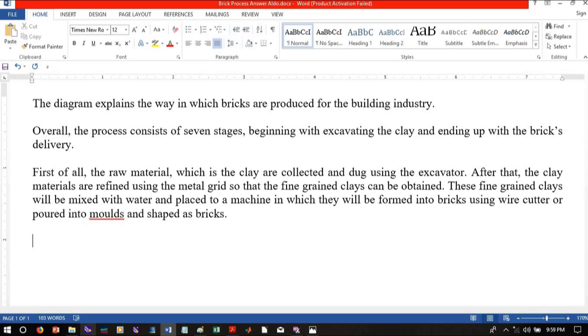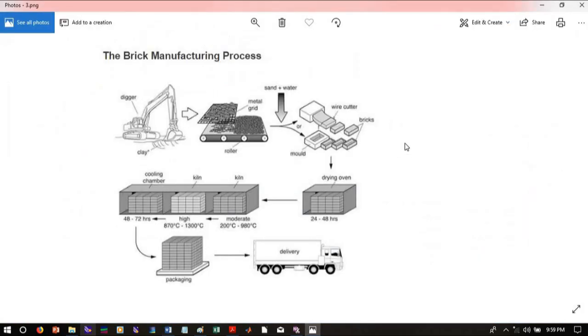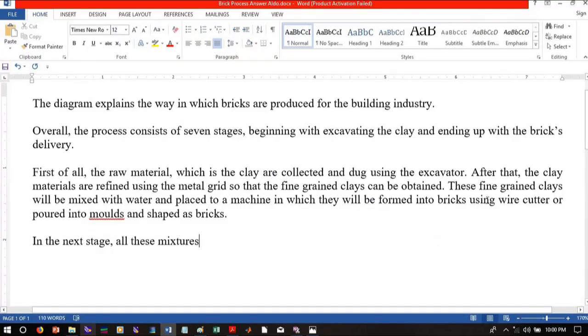And then I said, because this is the next stage, we can say in the next stage, all this mixture. What mixtures? Here, right? All this mixture is being brought up to a drying oven, and then after that there are 3 processes that are followed. So this is my definition of the second stage.